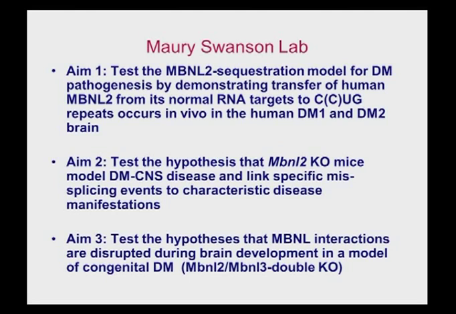So he's doing this both on human tissue and on some knockout models that he has. We've tried to make models of the CUG repeats, but we've had a very difficult time getting good expression in the brain, so we've abandoned that approach in our recent studies. And Maury's had some pretty good luck using the muscleblind knockout approach, which mimics to a great extent what you see in the human diseases.